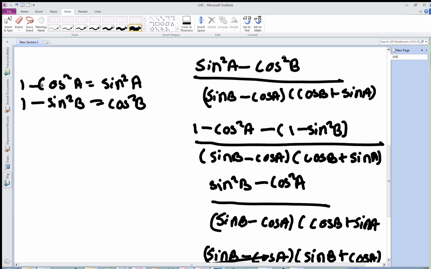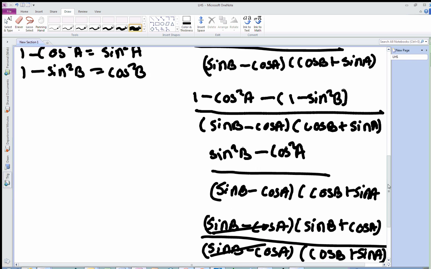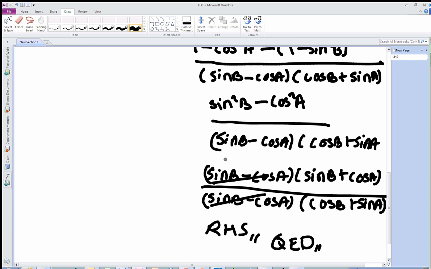That sine squared A is 1 minus cos squared A. Now the cos A's are with the cos A's, and sine B's are with the sine B's, so they can start cancelling out. Then we got up to here, a difference of two squares, which we know is just the first one minus, the second one plus. Then it cancelled and it all fell out.